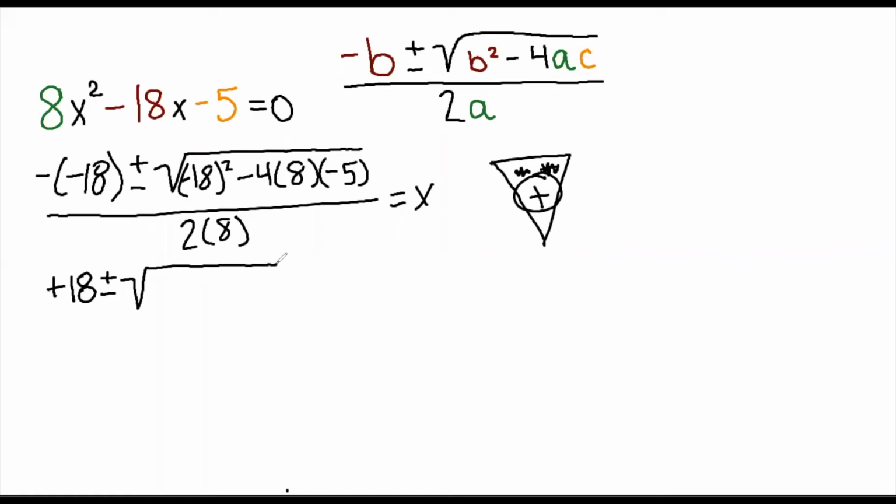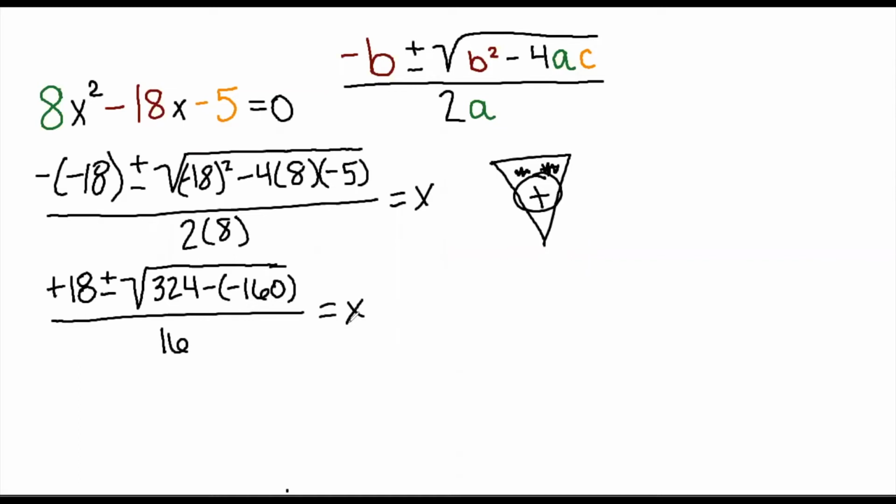That'll be negative 18 times negative 18, which will give us a positive 324 minus 4 times 8 times negative 5, and that total gives us negative 160. And then we're going to divide all of that by 2 times 8, and that gives us 16.